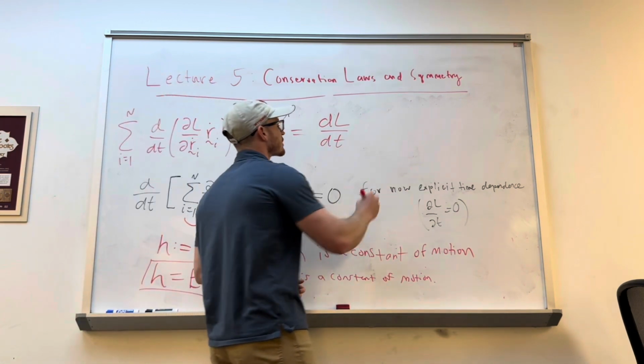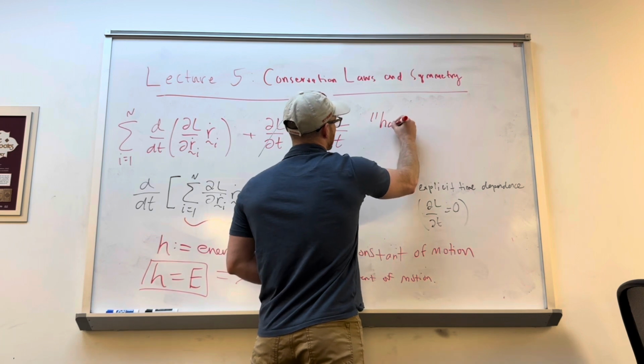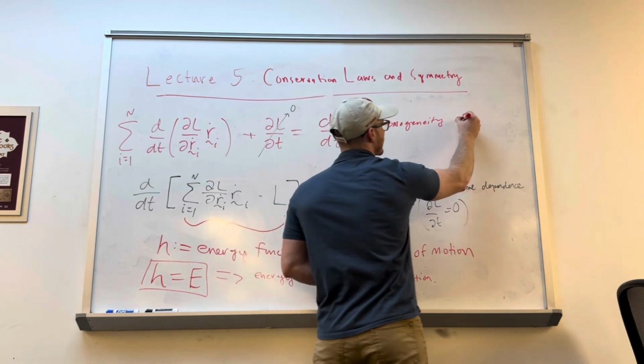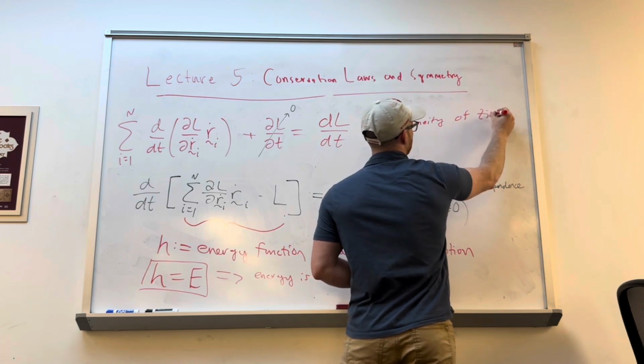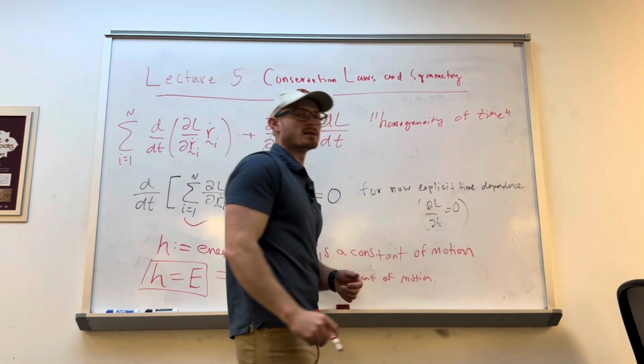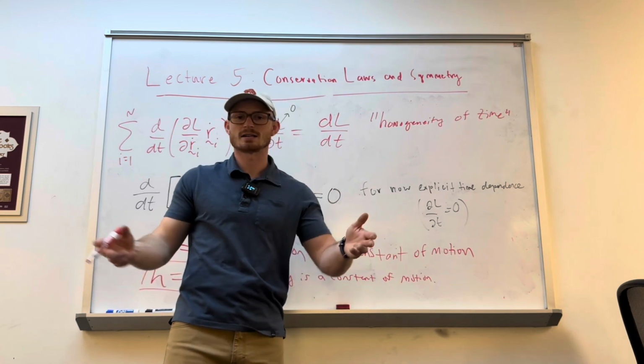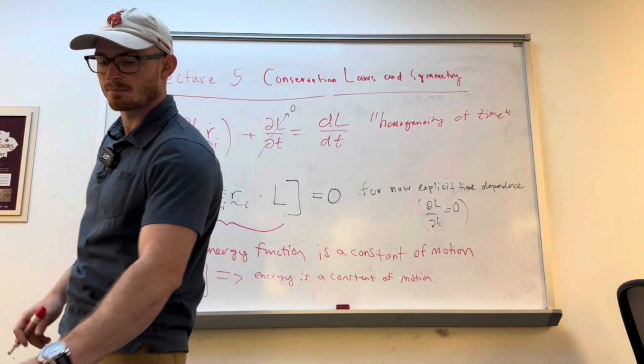So an interesting interpretation is that the conservation of energy is a result of the homogeneity of time. You might say running the experiment now is as good as running the experiment later. Any time is as good as any other time.